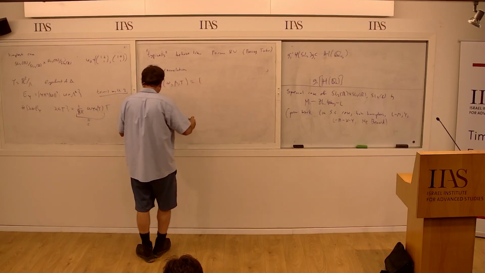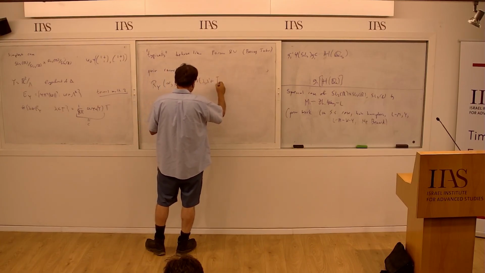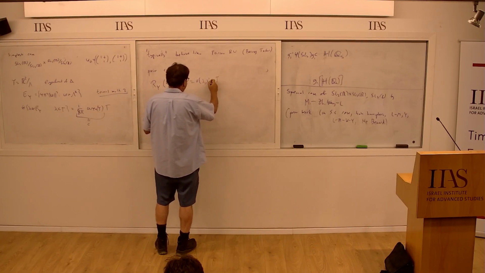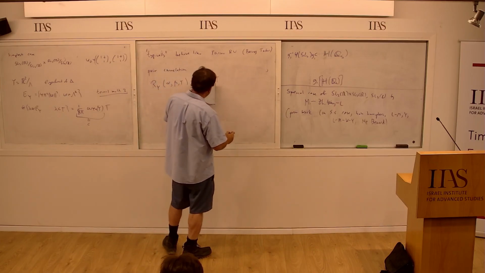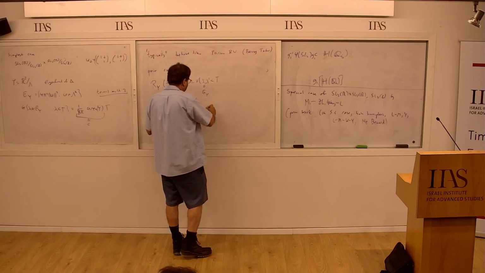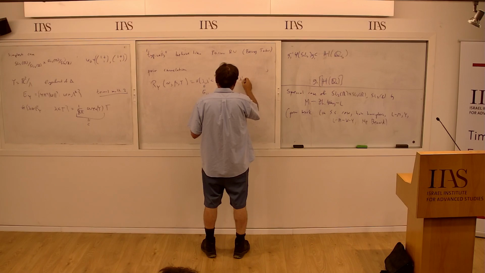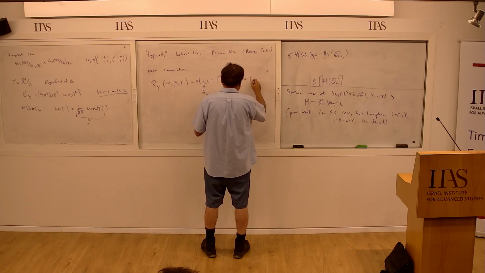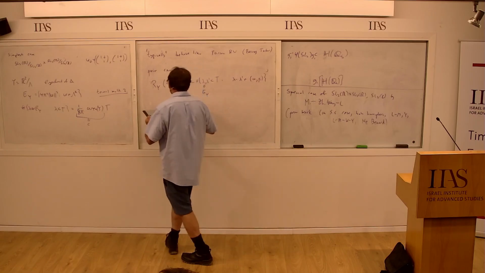I'm looking at the eigenvalues lambda and lambda prime less than t, of course, inside the set of eigenvalues, where lambda minus lambda prime is inside some interval alpha beta, and I want to know how many of these there are.